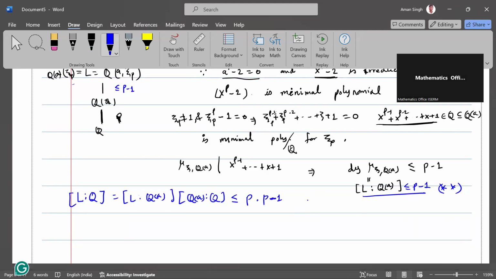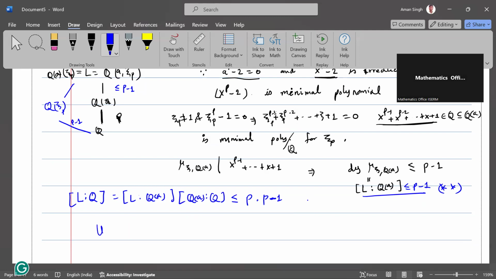And also, if you had initially Q(zeta_p) here, then this extension was exactly p minus 1.